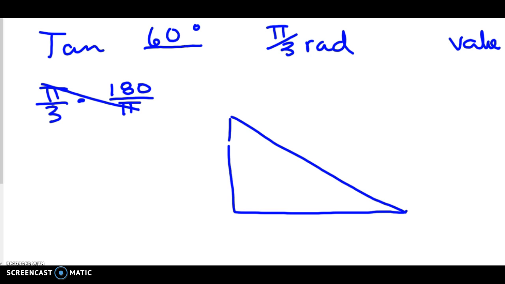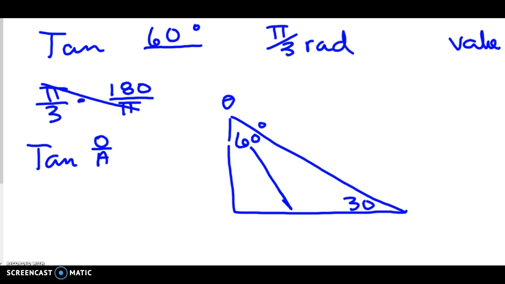Well, these are both not very good looking angles. If we see we have 60 degrees in that corner, we know 30 degrees down here. And the tangent, the trig function tangent, is defined as the opposite over the adjacent. So coming from this angle theta, 60 degrees, the opposite over the adjacent.